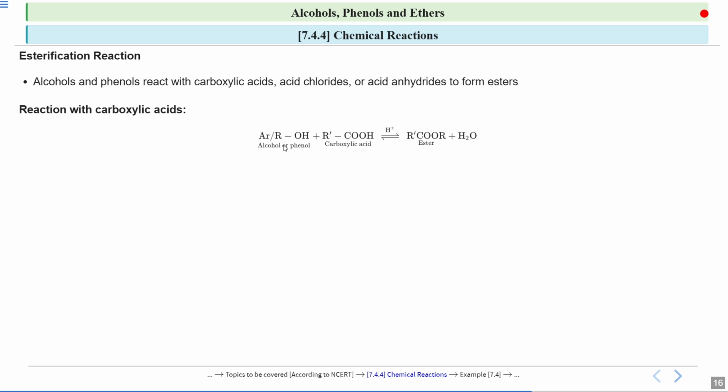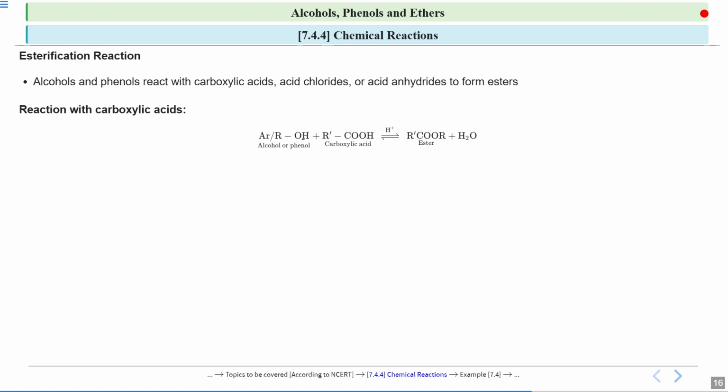Now this is an alcohol and a phenol and this is a carboxylic acid. Here this reaction takes place in an acidic medium, that is, H plus is there. Now see what will happen. The hydrogen of the alcohol or phenol and the OH of this carboxylic acid will leave.